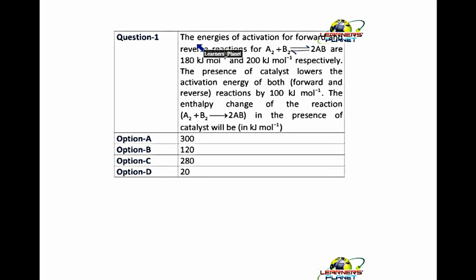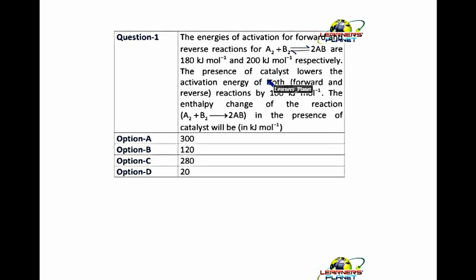See, this is our first question. The energies of activation for forward and reverse reactions for A2 plus B2 gives 2AB are 120 kilojoule per mole and 200 kilojoule per mole. That is, your energy of activation for forward and the reverse reactions is given.